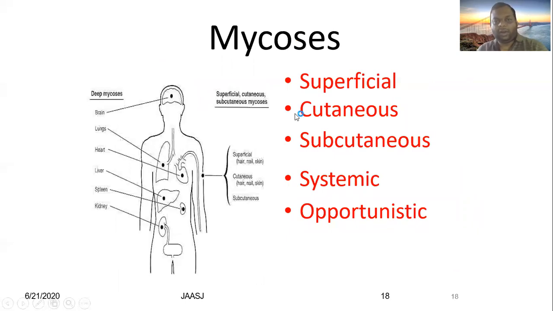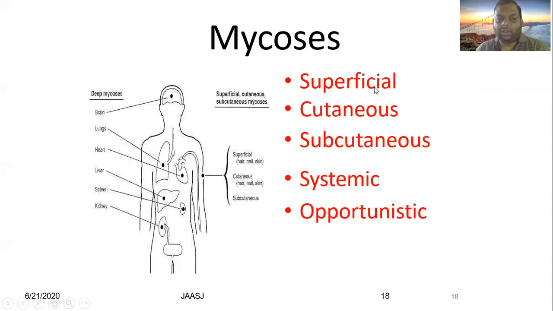This is the important part, how we classify. As I said earlier, it depends on the tissue involvement. It can be classified as superficial and deep. Superficial and cutaneous go as superficial: superficial mycosis, cutaneous mycosis. The deep can be subcutaneous, systemic, and opportunistic, also termed as superficial as well as deep.